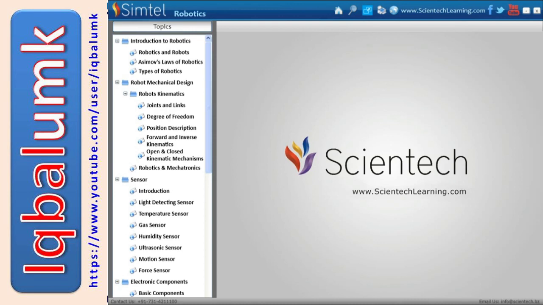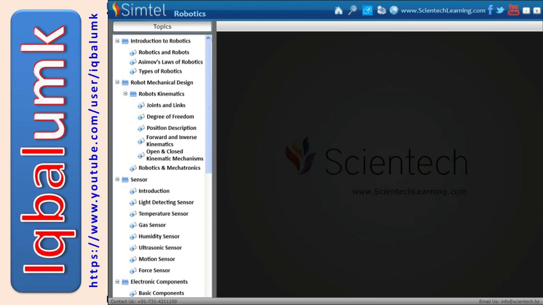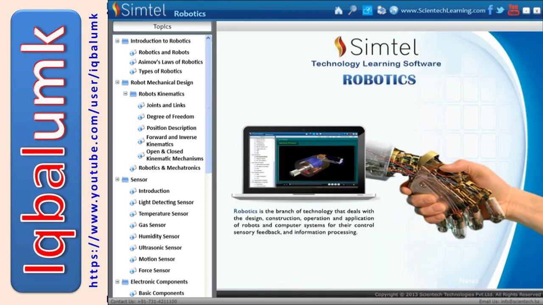Scientech presents Simtel's technology learning software, robotics. Robotics is the branch of technology that deals with the design, construction, operation and application of robots and computer systems for their control, sensory feedback and information processing.